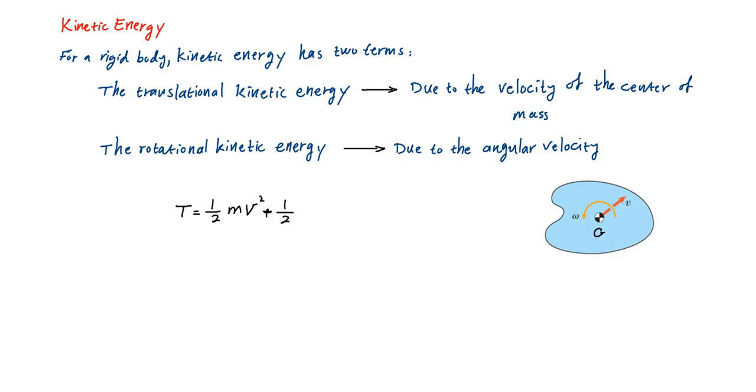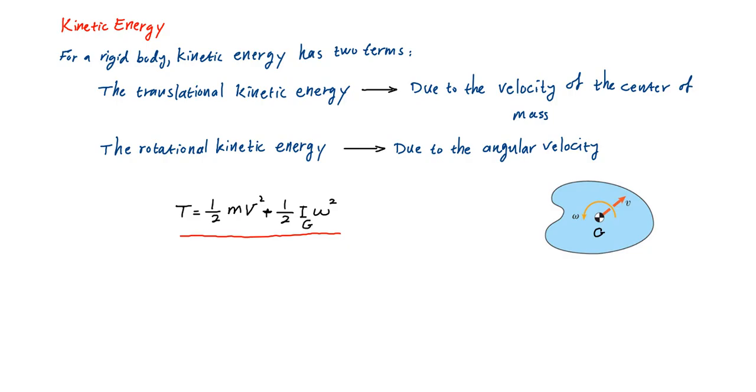When it comes to rotation, the mass moment of inertia is pretty much the equivalent of mass in rotational motion, and omega is the angular velocity. So that would be the equation to use when we are dealing with general planar motion of a rigid body. How can we find the kinetic energy of that rigid body?